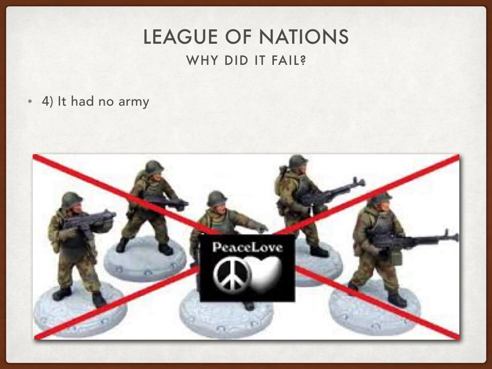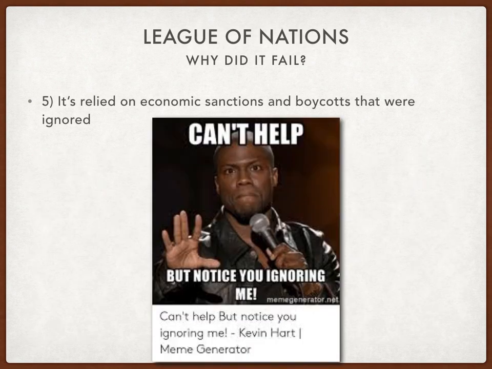Fourth, the League of Nations had no army, so it couldn't enforce any of the things that it was saying. And finally, it only relied on economic sanctions or boycotts of any countries that ignored its rulings. However, as seen with Japan and Italy and Germany in the 1930s, they could easily break these sanctions by simply ignoring them.